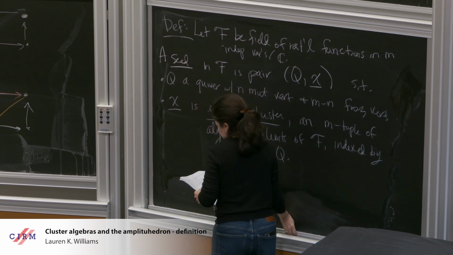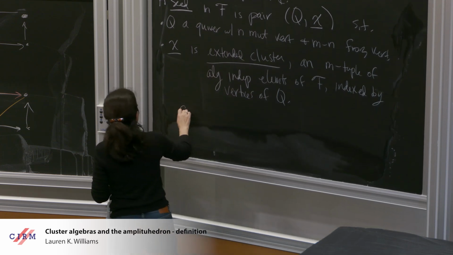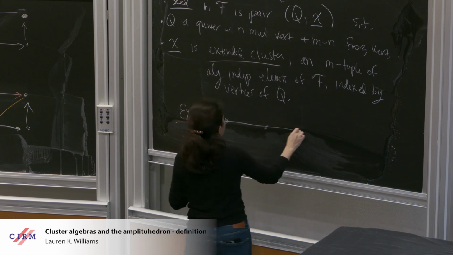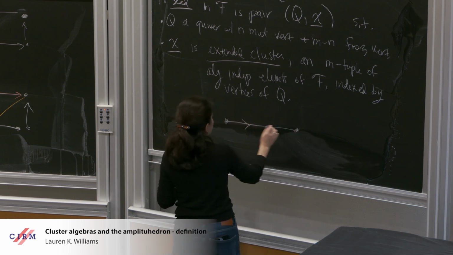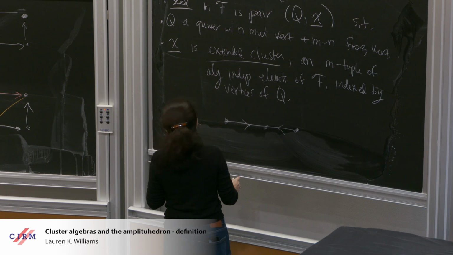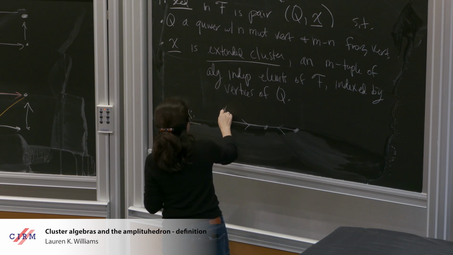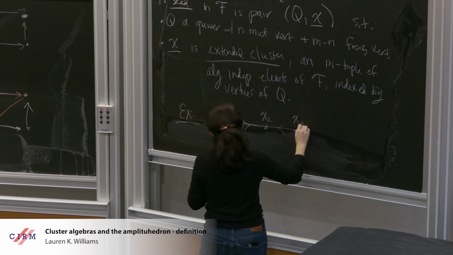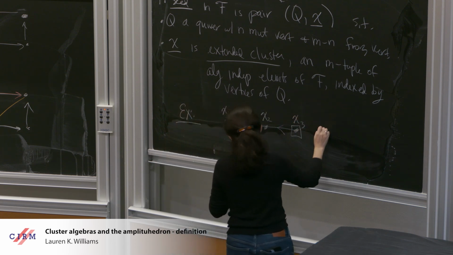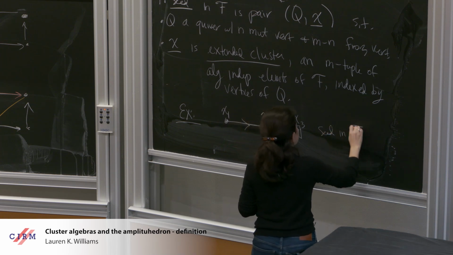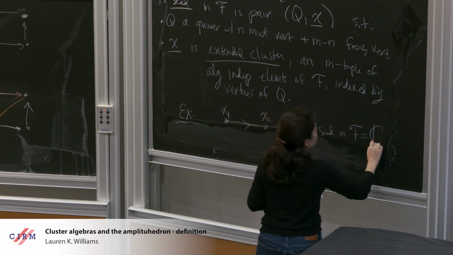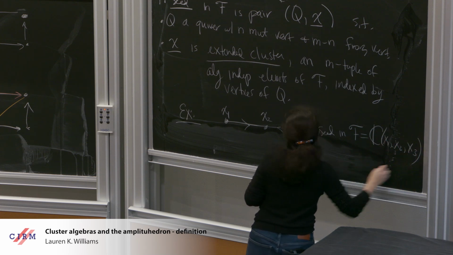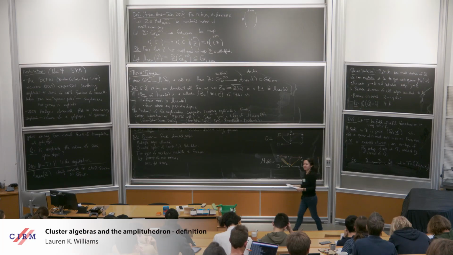So a very boring example would be perhaps our quiver is this type A3 Dynkin quiver, and our extended cluster could just be the labeling of vertices by x1, x2, and x3, and we'd consider this a seed in the field of rational functions in algebraically independent variables x1, x2, and x3.